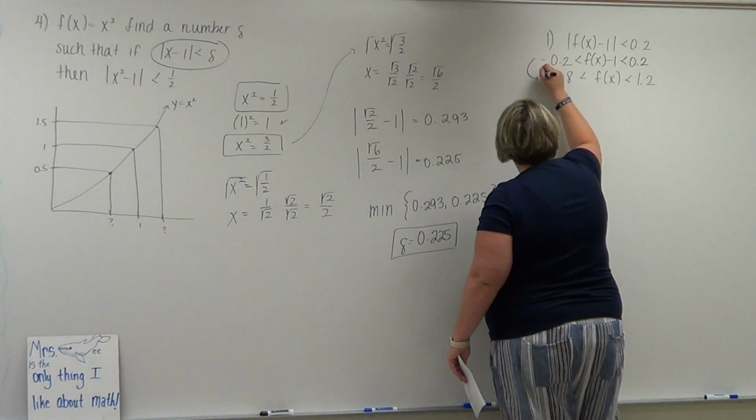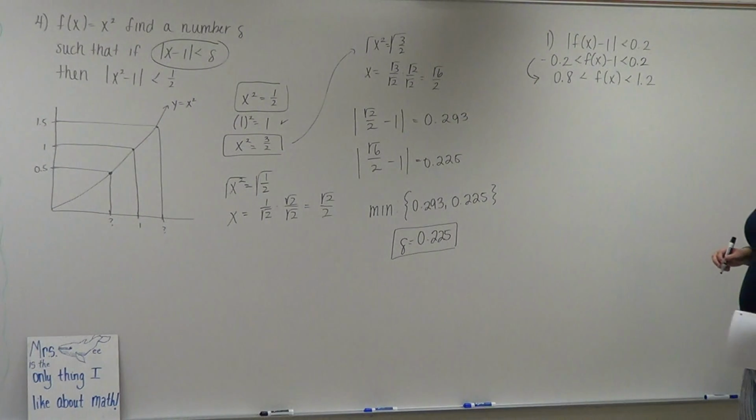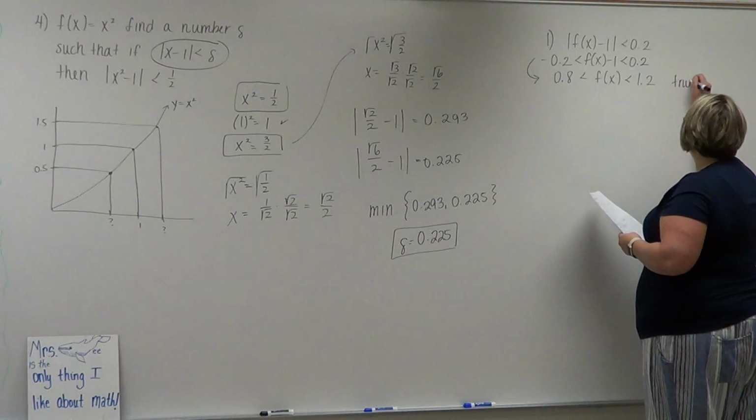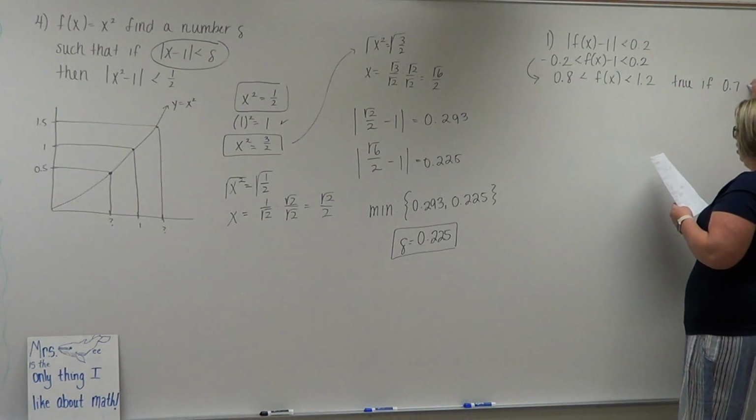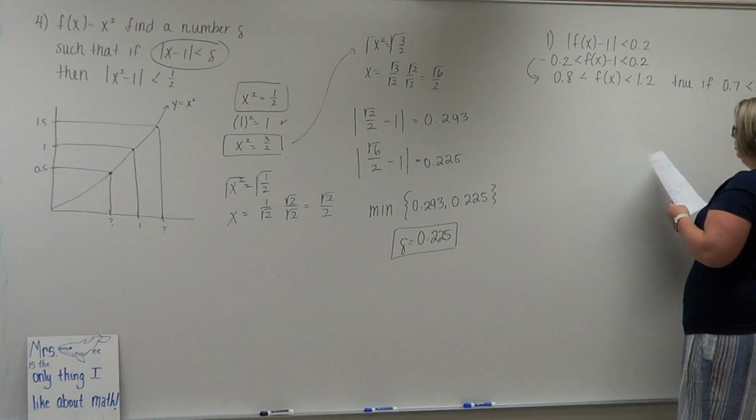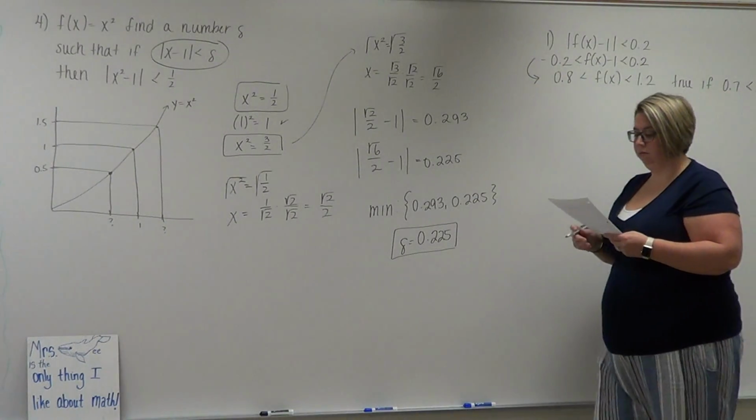I got rid of the 1 and put it like this. So I know that my f of x has to be between 0.8 and 1.2. Okay, and that's true if you look at your graph, was it 0.7 and 1.1? Yeah, okay.